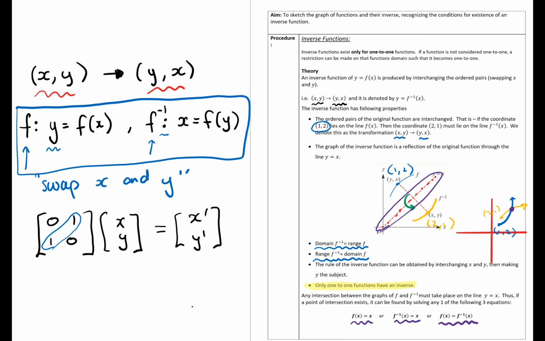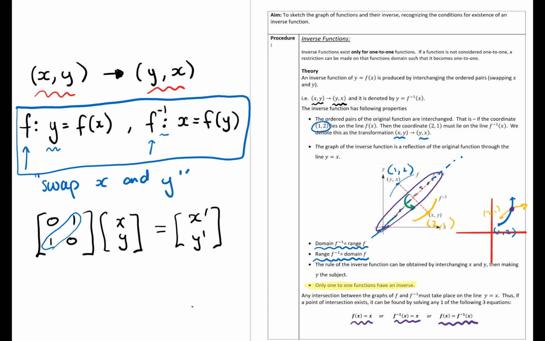Remember that the shape of the curve will be reflected about the line y equals x. And we can see that each point on the first graph would swap to exist on the second. The domain of the inverse is equal to the range of the first.